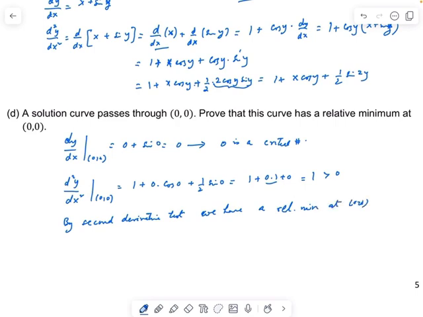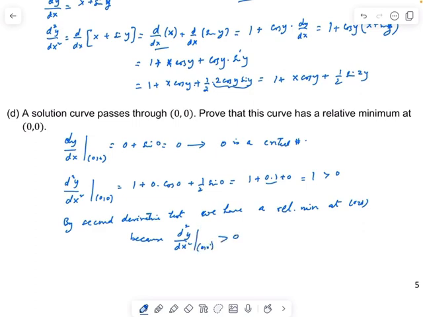And why is that? Because the second derivative at 0, 0 is greater than 0.